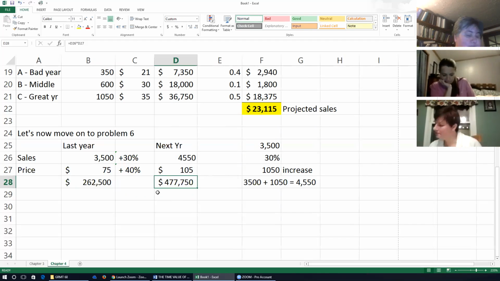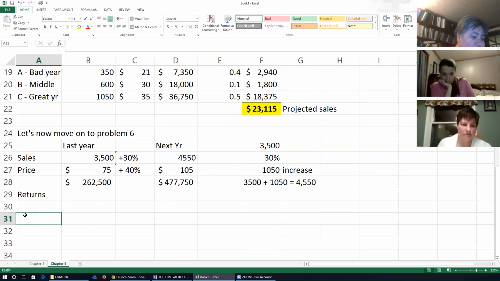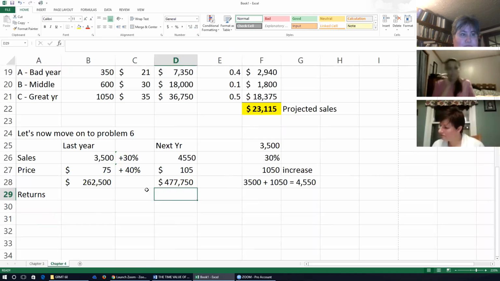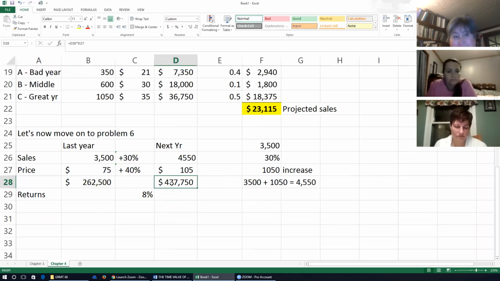The one last step they're going to throw at you is that some of these things are going to get returned. This year, returned merchandise is going to represent 8%. So 8% of these are going to come back to us as returned. So I need to figure out what 8% is.